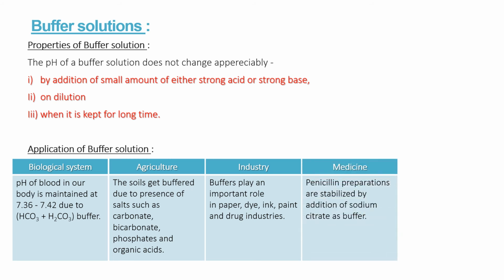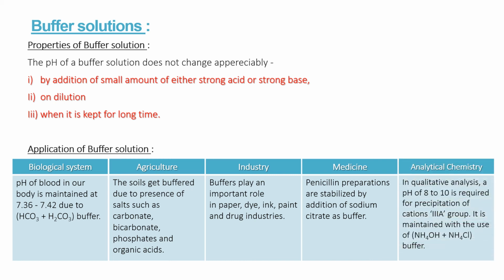Now next application is in medicines. See, penicillin preparations are stabilized by addition of sodium citrate as a buffer. When citric acid is added to milk of magnesia, what happens? Magnesium citrate is formed, which is a buffer. Now the last application is analytical chemistry.